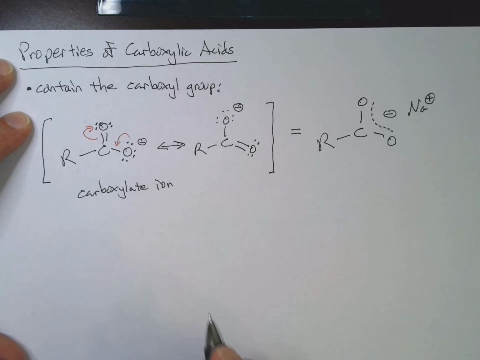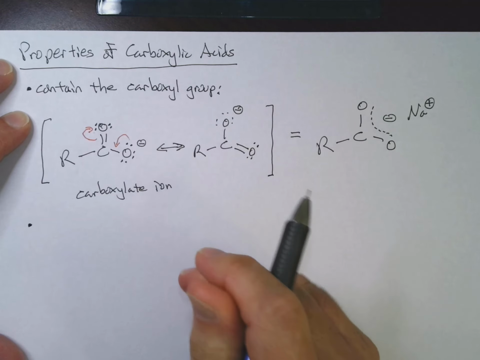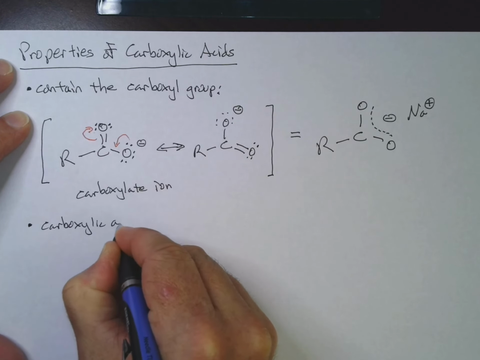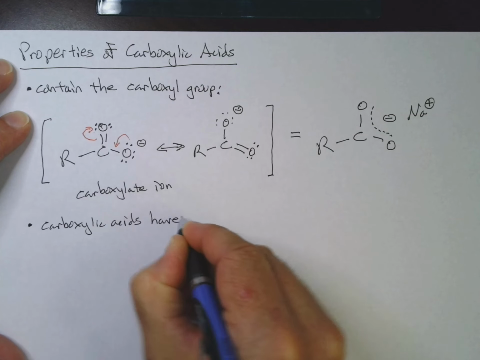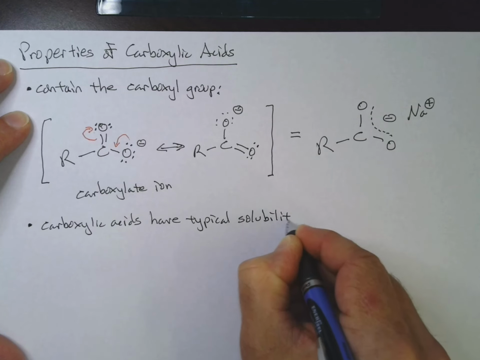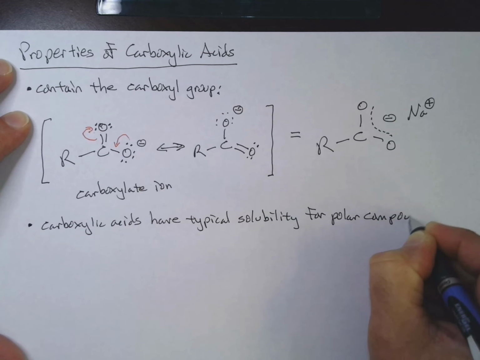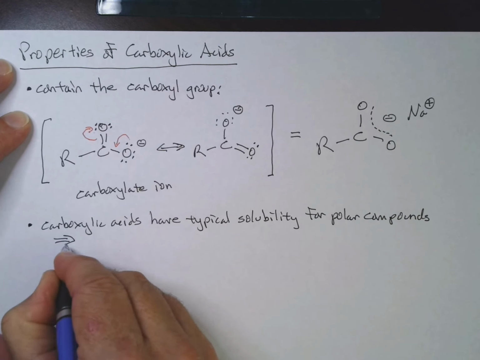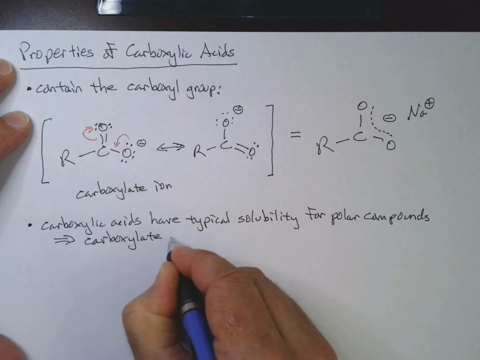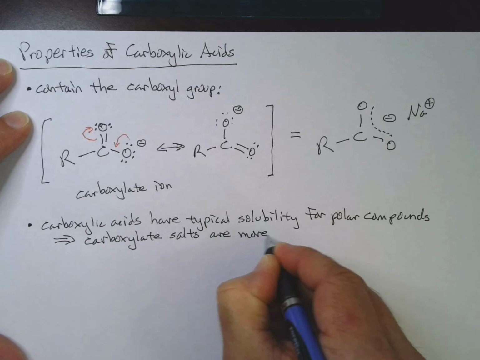Now, if we look at some physical properties, we'll see that carboxylic acids have typical solubility for polar compounds. But carboxylate salts, I should say, are more soluble in water.